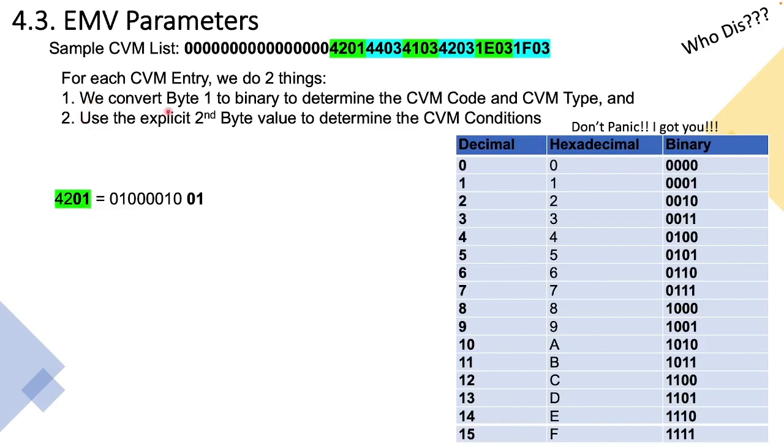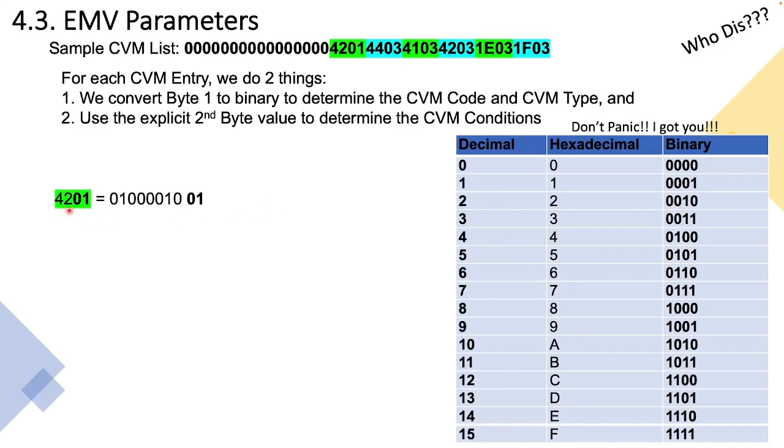We said we take byte 1 and we convert it to binary. So byte 1 is 42, right? You agree with me? So 42, let's look here. Here's hex 4: 0, 1, 0, 0. We then take 2. It's a hex value. We go to hex 2: 0, 0, 1, 0. So 0100, which is 4, and then 0010, which is 2.